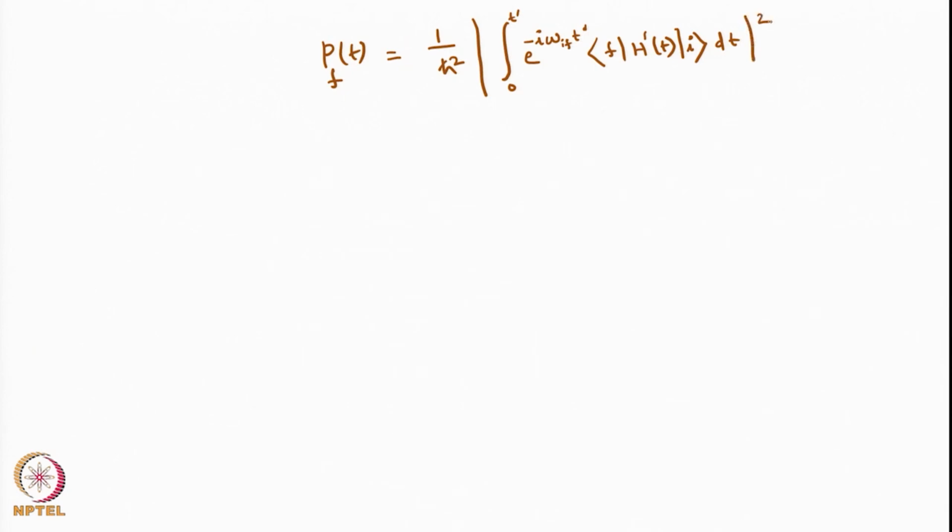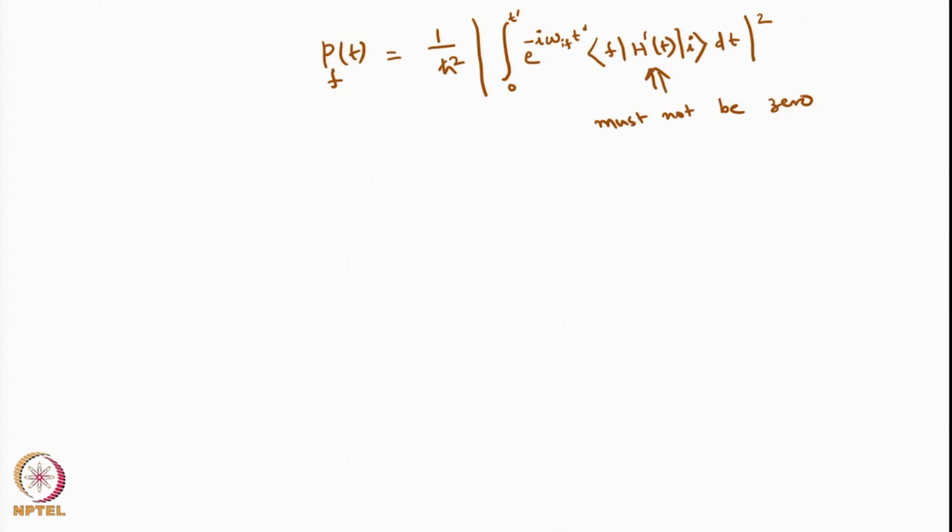So that is going to be the probability, and this probability must not be equal to 0, and more importantly, this integral must not be 0. If this integral goes to 0, then P(t) will go to 0, and there will be no probability of having a transition.